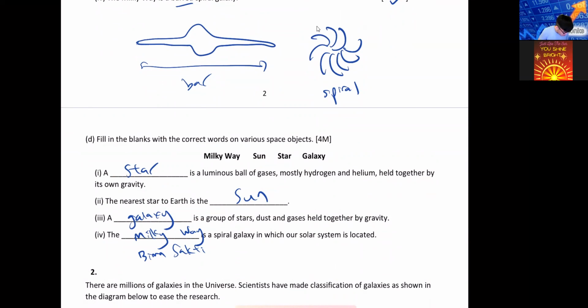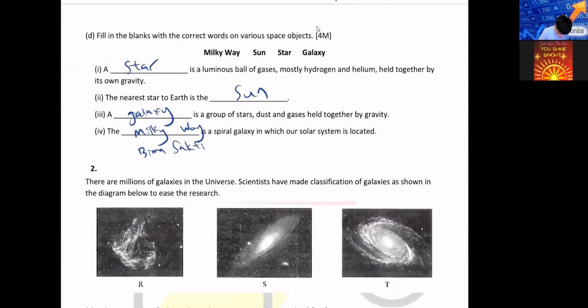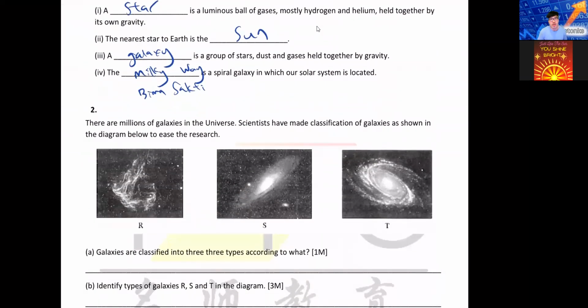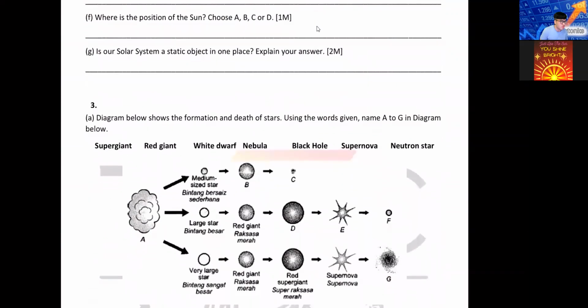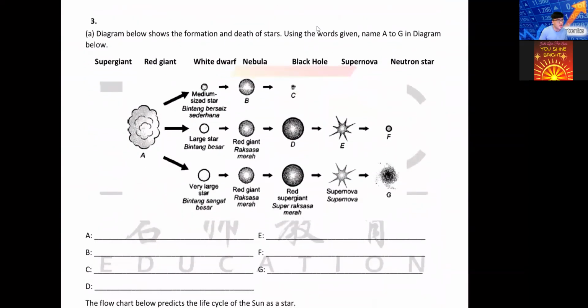Anyway, moving on. Let's go to question 2. Let's skip this, shall we? Because it's the same question. This is irregular. This is elliptical, and this is spiral. So pretty much the same thing. Let's skip, shall we? Let's go to number 3. This is how our sun is born and died. So A is what?